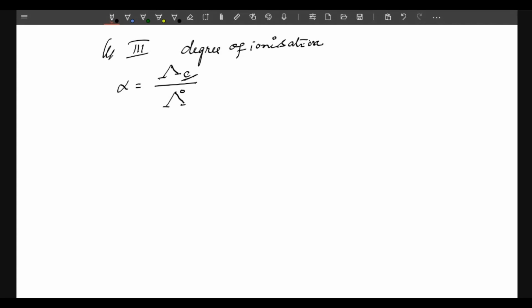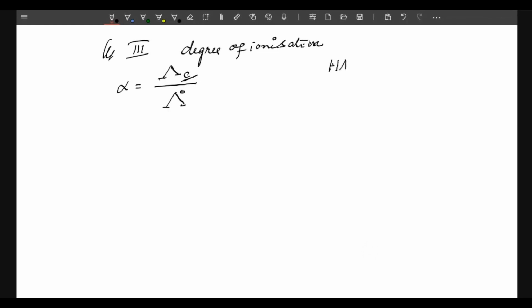An important question in the CSIR examination may be asked. So far, such a question has not been asked. If at all asked, how to give the answer for this? Therefore, first I am going to derive the relationship between lambda 0 at infinite dilution and lambda at a particular concentration, for which you should know well about this.